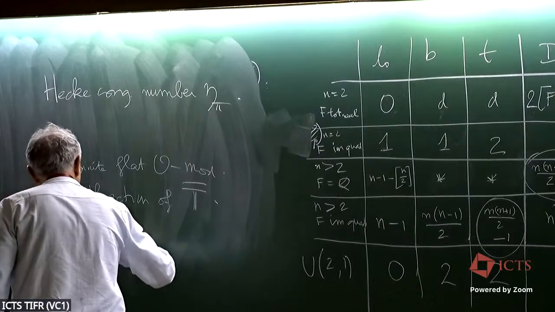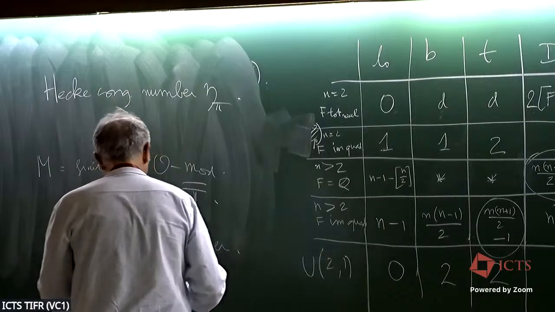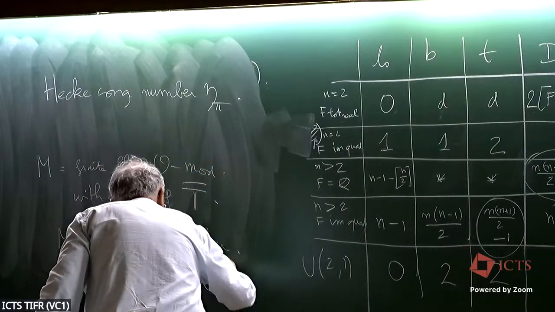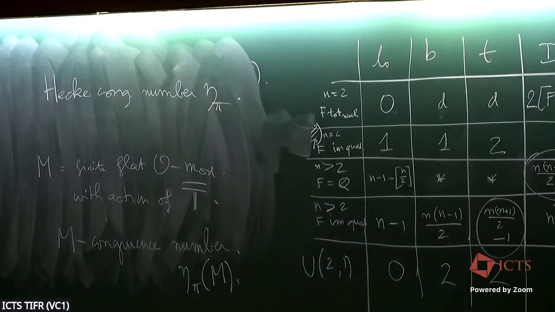That's another one, but very similar, and sometimes they are equal, which will be denoted by eta pi of M. So how do you define that? Oh, yeah, okay. I make an assumption to define it, and I will explain the assumption now.